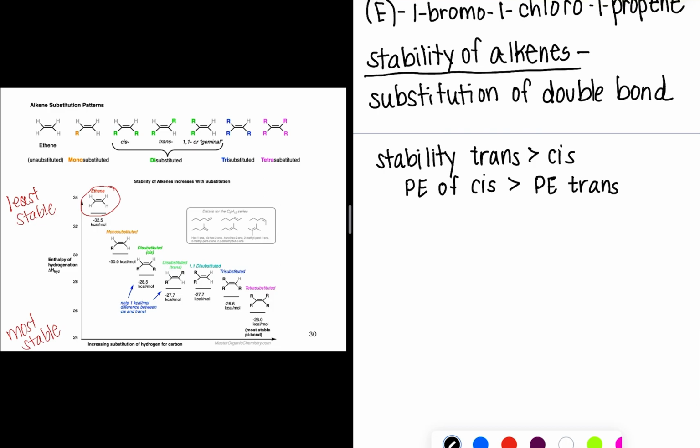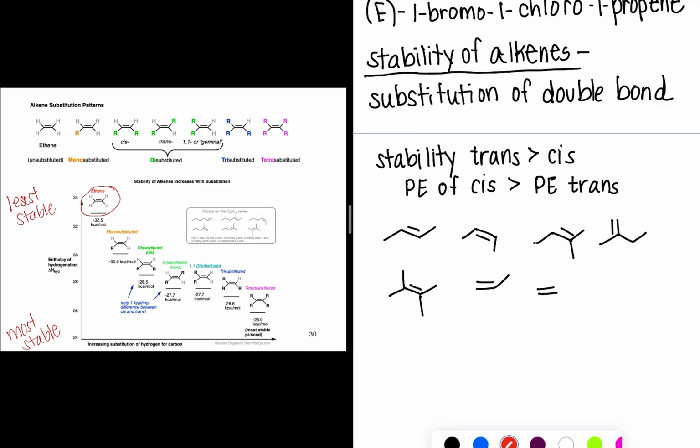If I gave you a bunch of alkenes like this, and we thought about, well, what is the most stable?